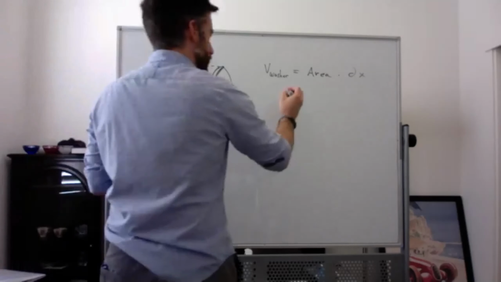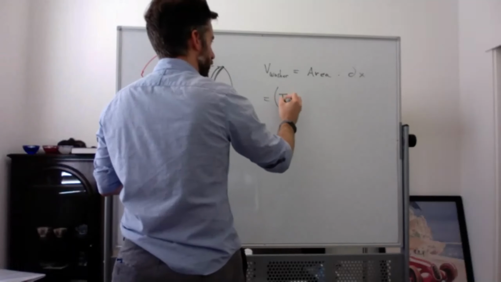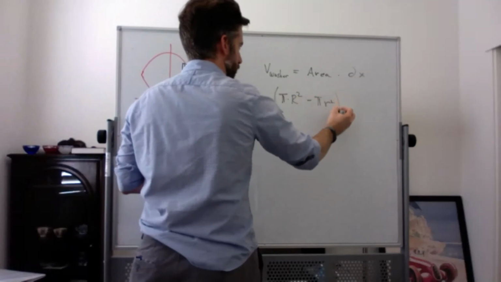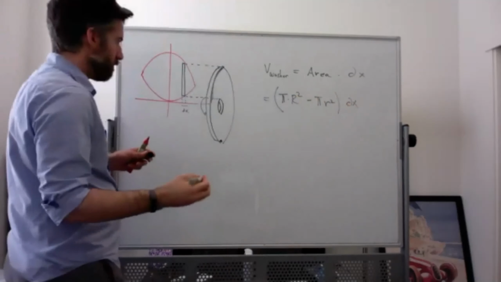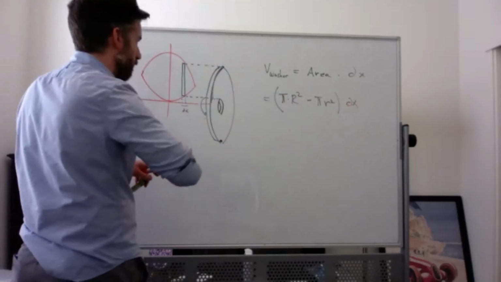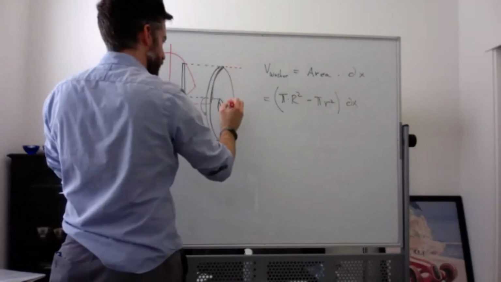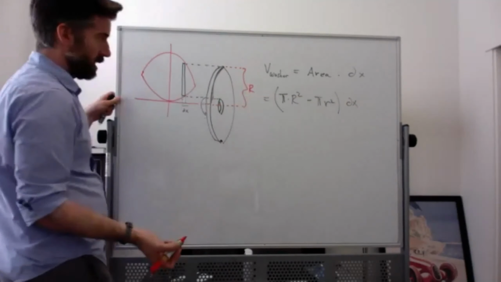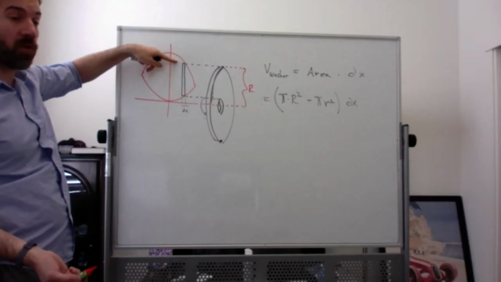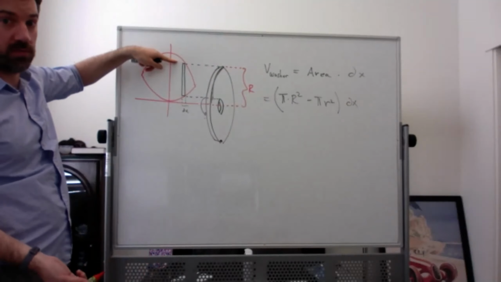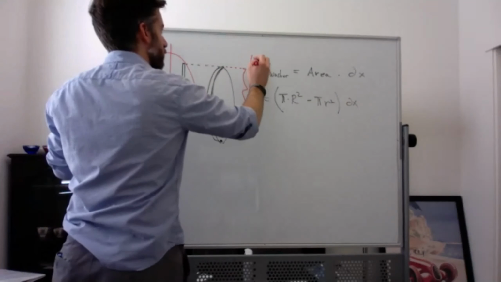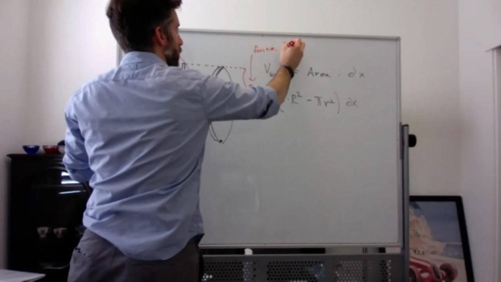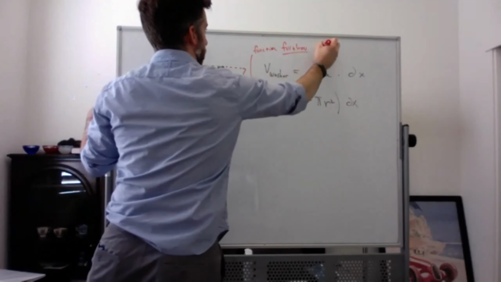And the area of the shape is the area of the big circle minus the area of the little circle. So I usually write this as pi times big R squared minus pi times little r squared, where big R is the function that's further away from the axis of rotation.